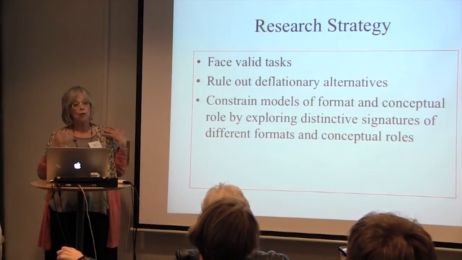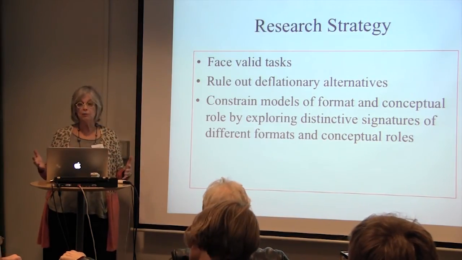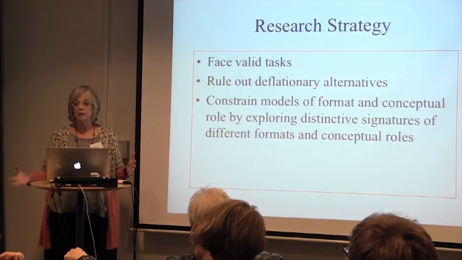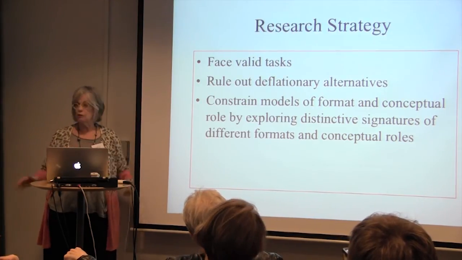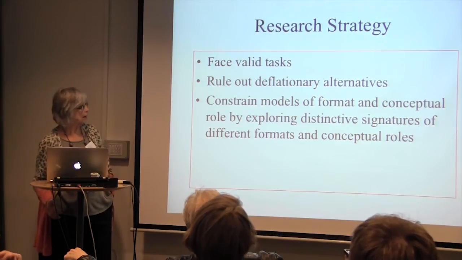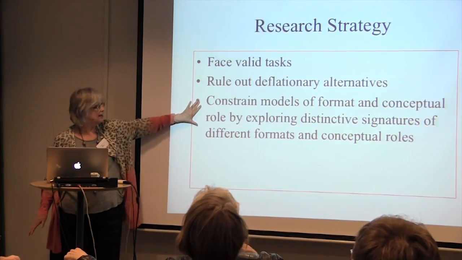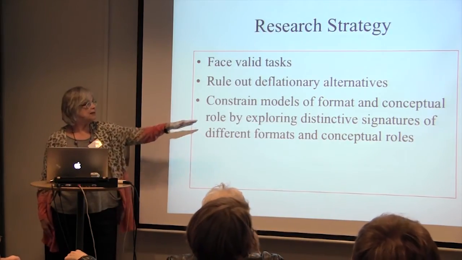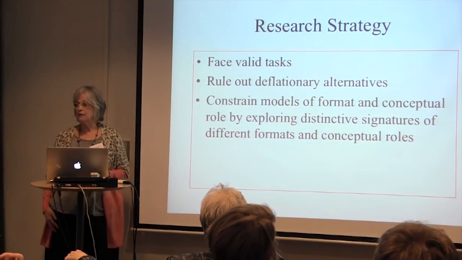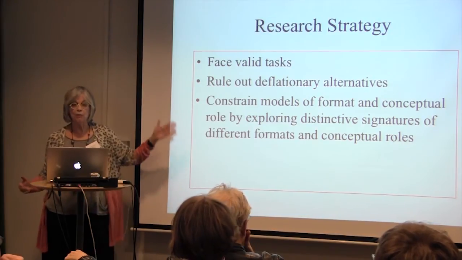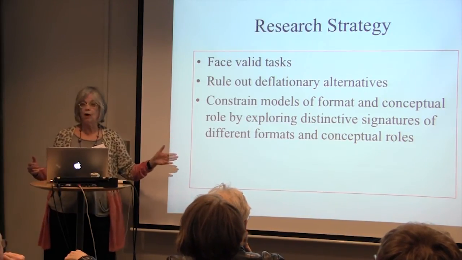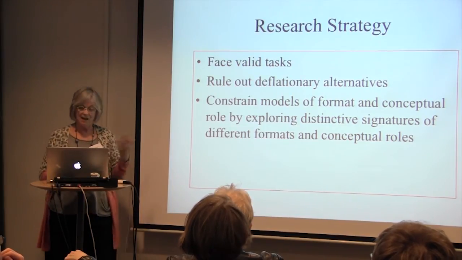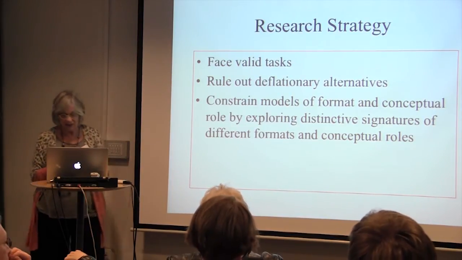So you have to rule out that they're actually sensitive to number and not total spatial extent or the duration of the event, and all of those controls are done in these experiments. Then you go to work to constrain the models of format and conceptual role by exploring distinctive signatures of different formats and conceptual roles. So that's why I went through the number case, and that's, I assume, why I sent the title in here of Core Cognition of Number.